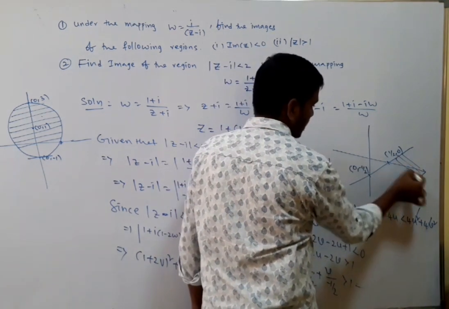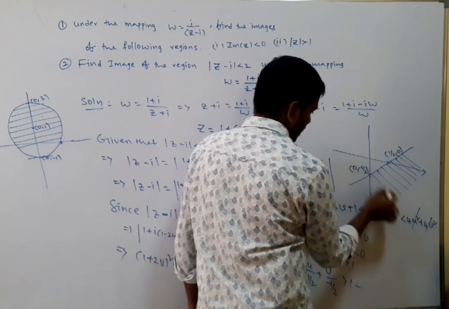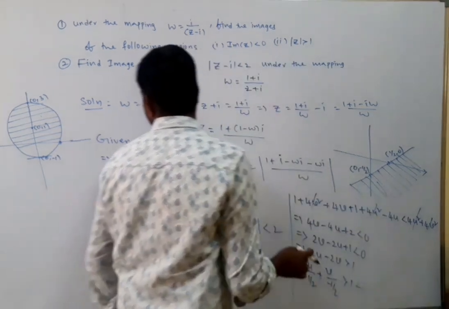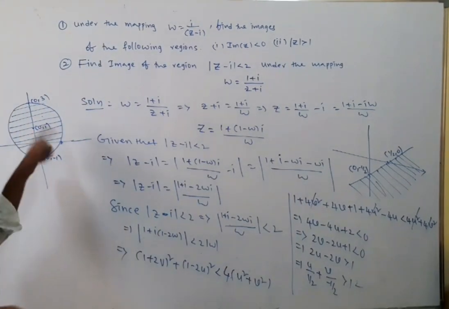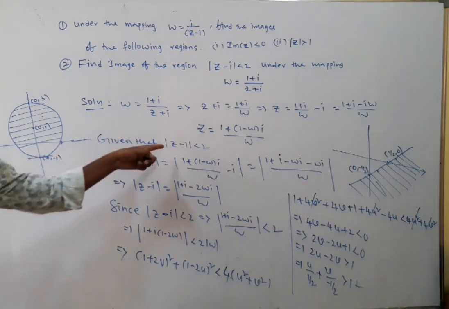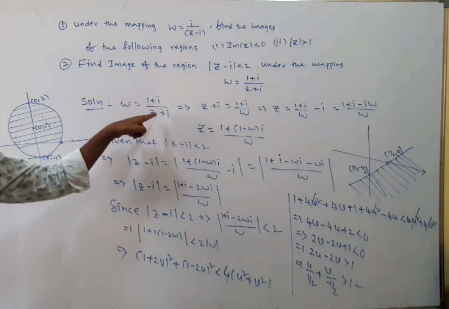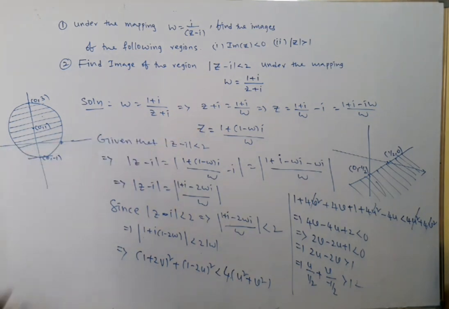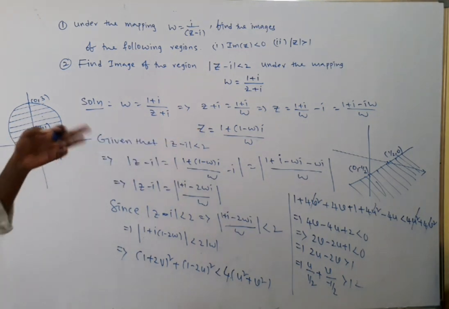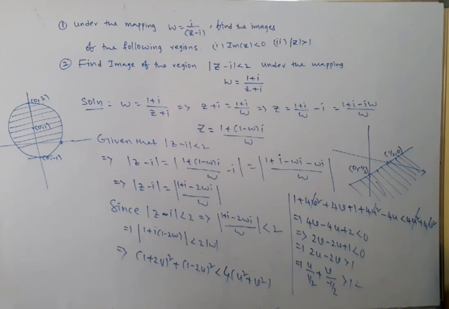So what is the image here? This is the image. The image of the circle with center (0, 1), the image of the circle |z minus i| less than 2 under the mapping w is equal to (1 plus i) divided by (z plus i), is the region outside the straight line 2u minus 2v is equal to 1, right?